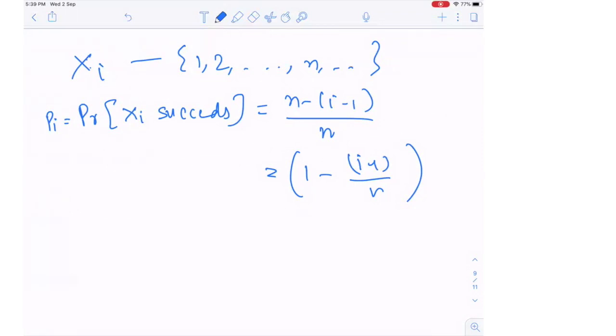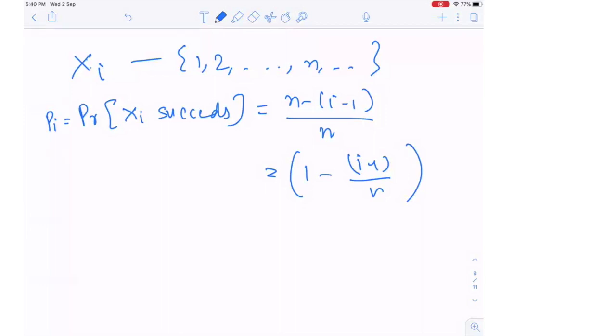Xi is the number of boxes bought until you see exactly i minus 1 coupons. You succeed the moment you see the ith coupon. The chance of seeing a new coupon is n minus (i minus 1), the new set of coupons left, divided by n.